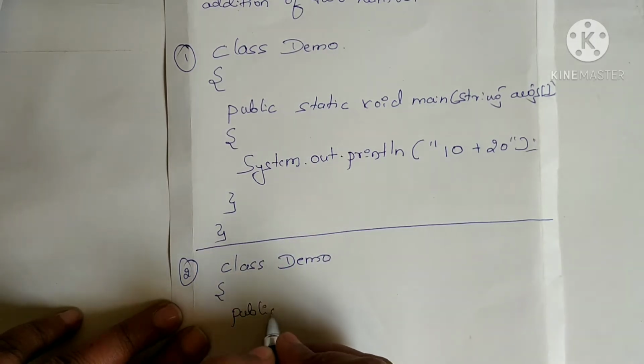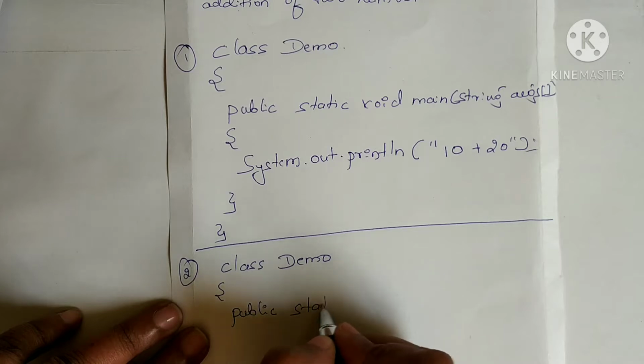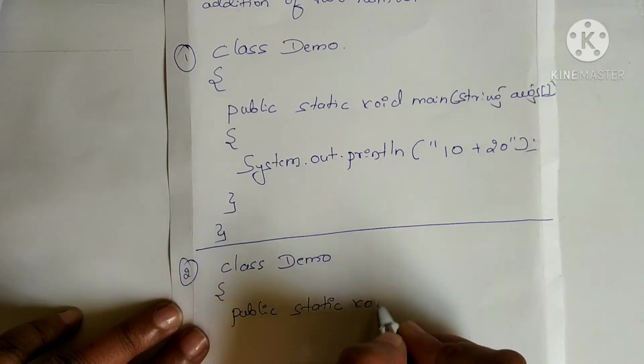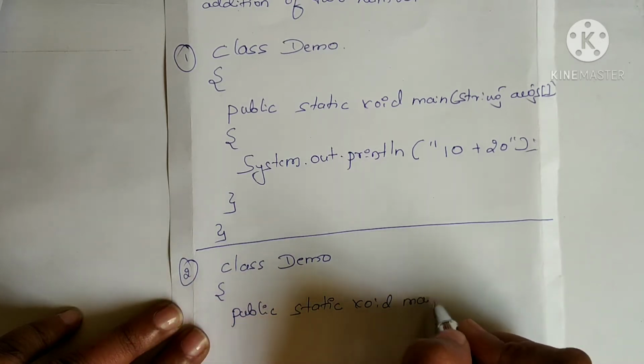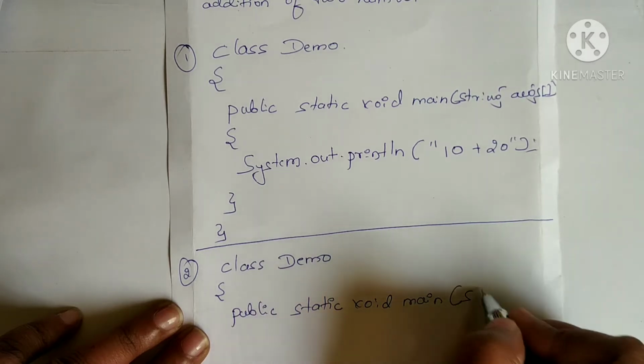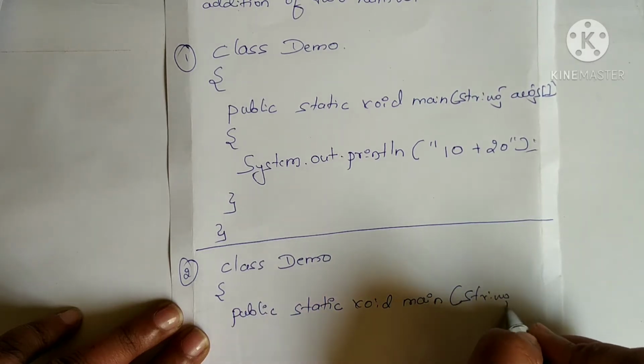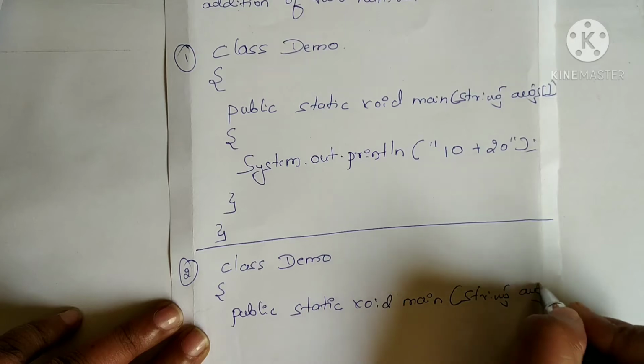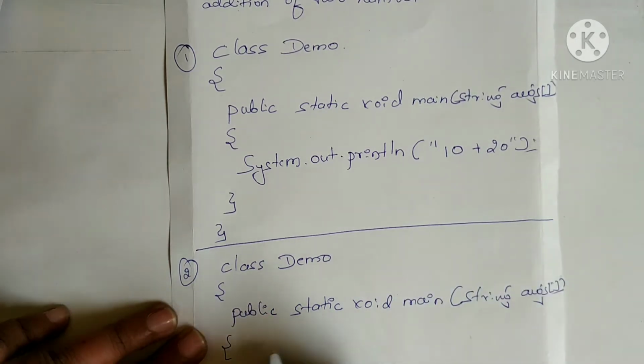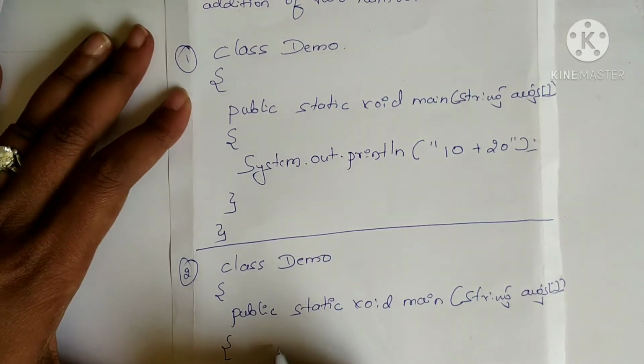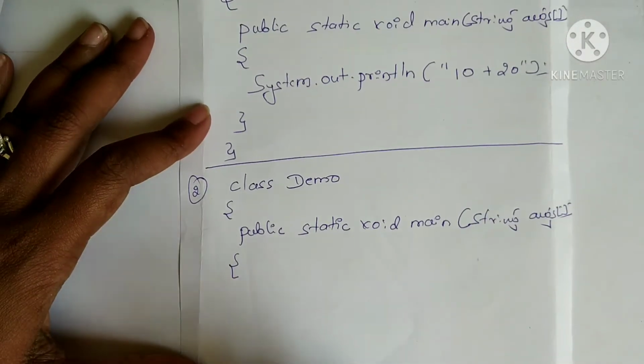For the main method, that is public static void main. The execution of every Java program starts from main itself. Here we are going to initialize variables.